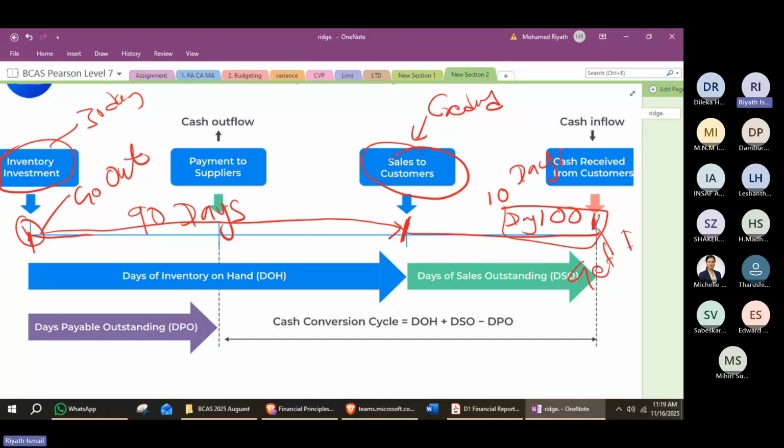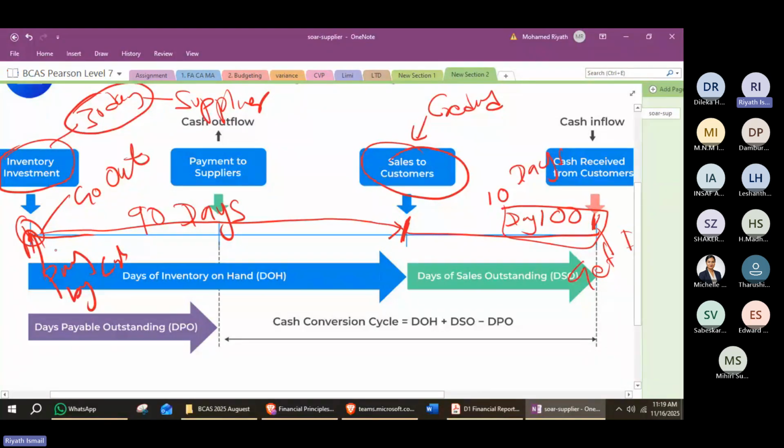You can shorten this period. How? Rather than paying cash to the supplier, you can request 30 days credit from your supplier.